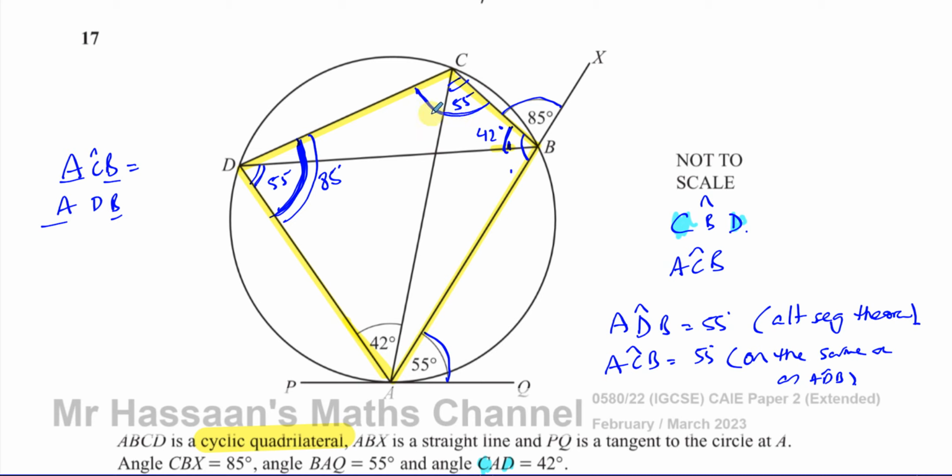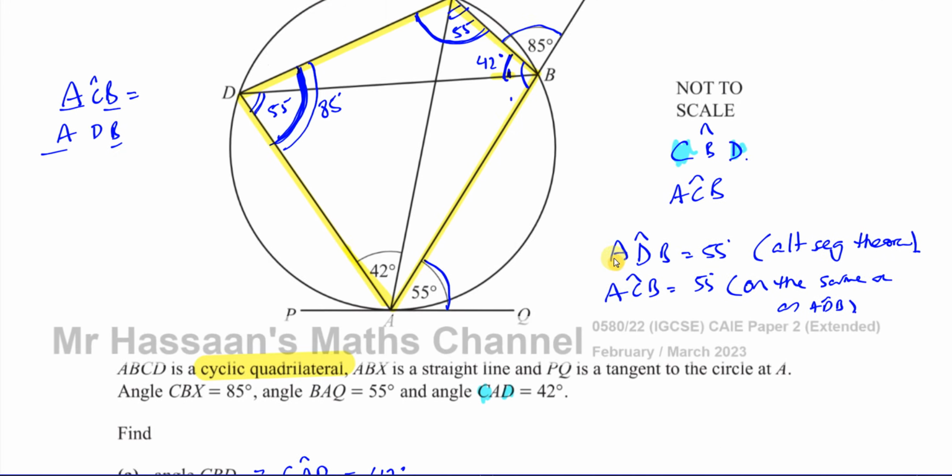Okay, now let's think of different ways of doing this angle here. A way that comes to my mind is this. Angle BCD is what we were trying to find.